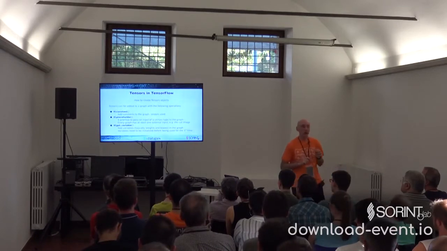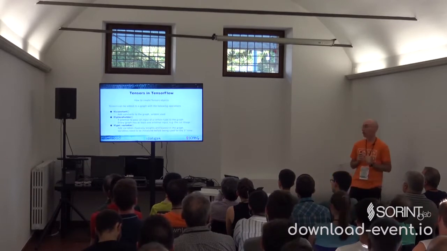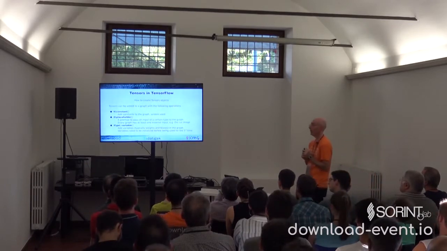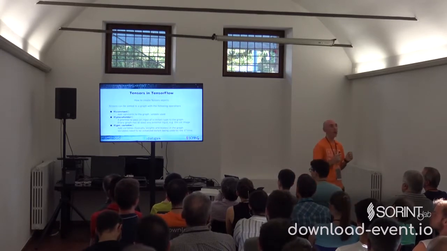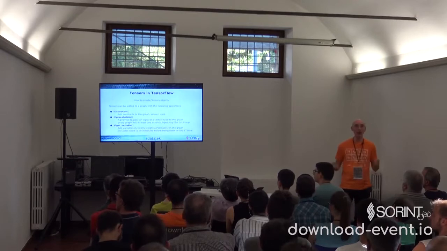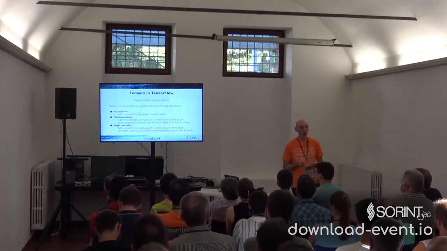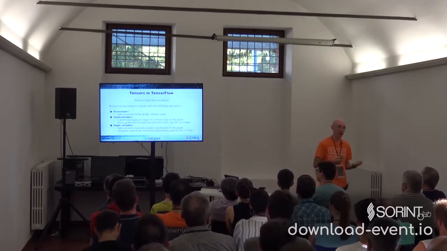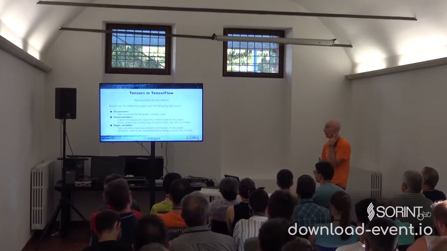One other concept that you have to learn in TensorFlow is how to pass data to your graph. We have already seen the usage of constants, so we are basically adding the values into the graph itself, but obviously we want also a way to pass external data to the TensorFlow graph. And the way to do it is by using placeholders.